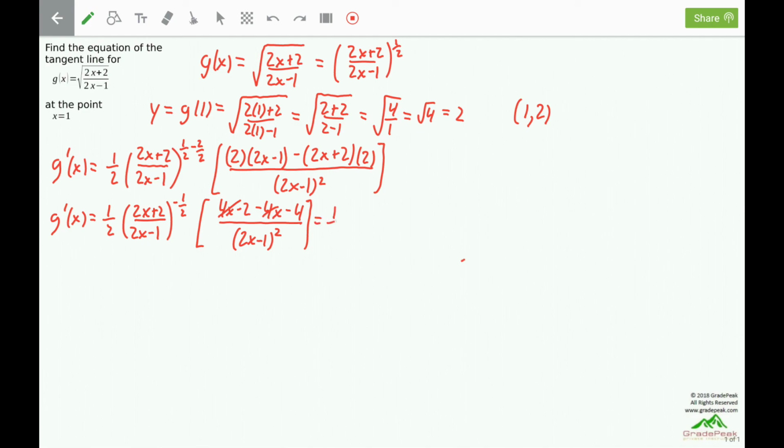So I have 1/2. The next thing I have is that entire quantity to the negative 1/2. Now, one way to handle that is just reciprocate the whole thing, and you can then call it positive 1/2. We only need to simplify this expression enough to be able to plug in the x coordinate of 1.